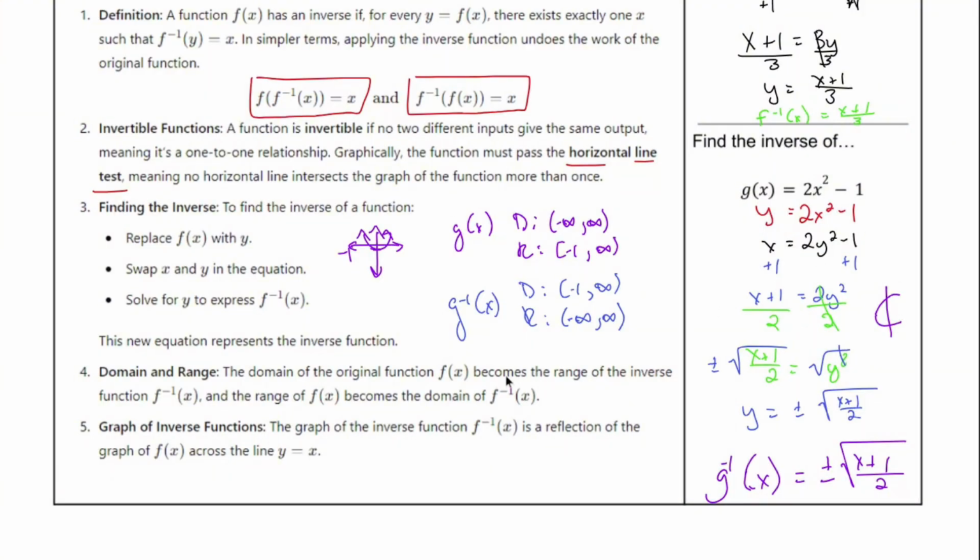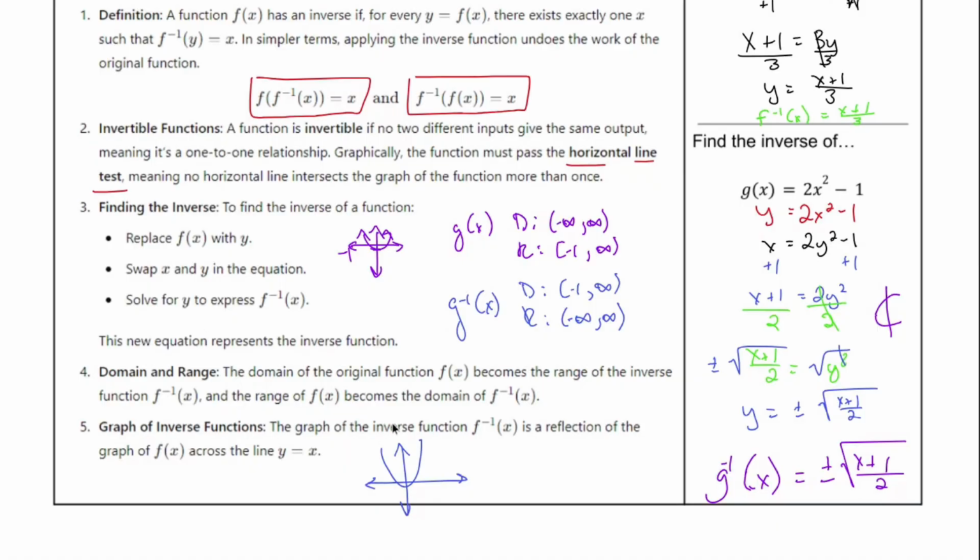Now, the key thing is, how do I know that the inverse of that is going to look like a sideways parabola? Because the graph of an inverse function is the reflection over the y equals x axis. So if I were to graph the original function, it looks like this.